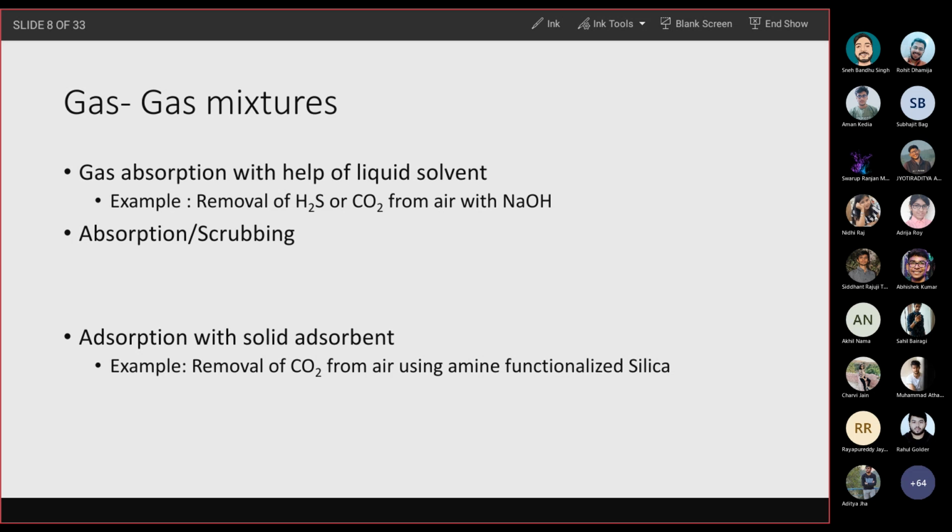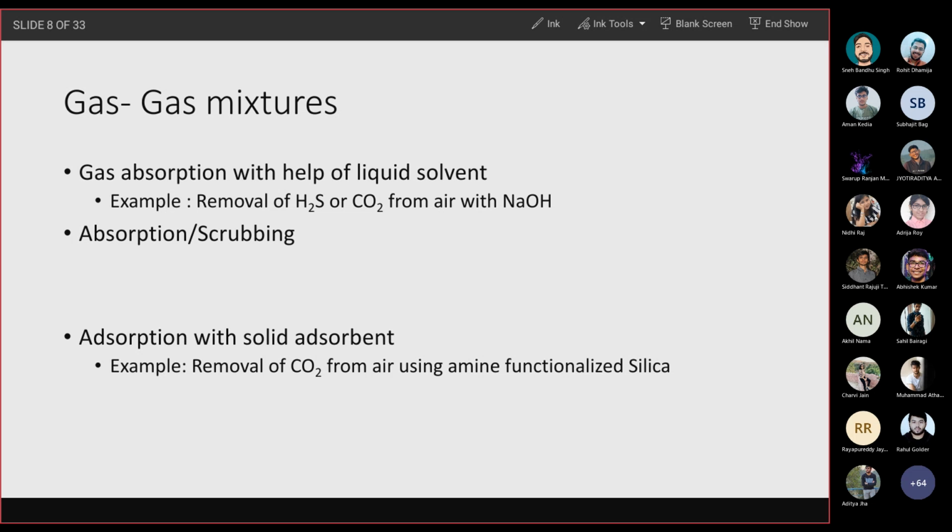If you take the same example, removal of CO2 from air, we can use a liquid solvent like NaOH. We can also use a solid adsorbent, like amine functionalized silica or any amine functionalized substrate, for the removal of CO2 from the air.